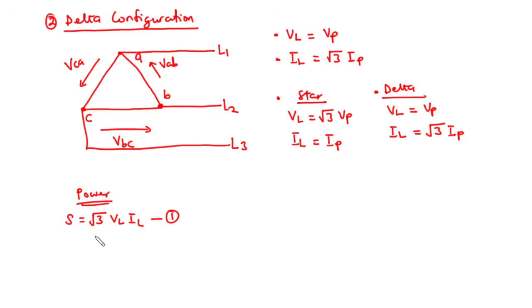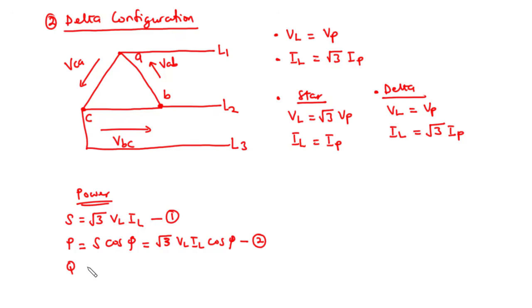Now from this equation, we have the active power given as P equals S cos phi. And then we have S to be √3 times VL times IL times cos phi. Let's call this equation 2.